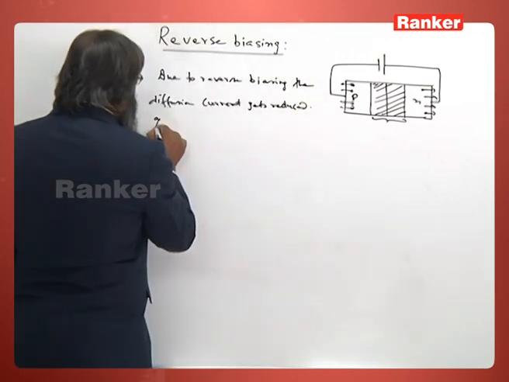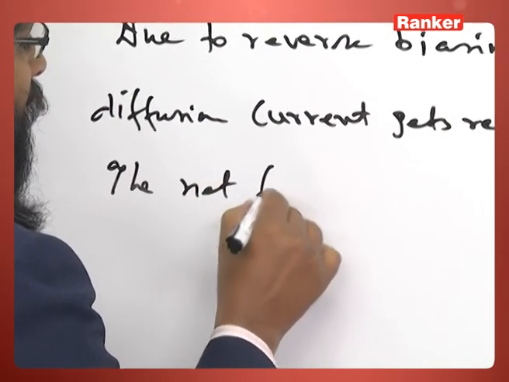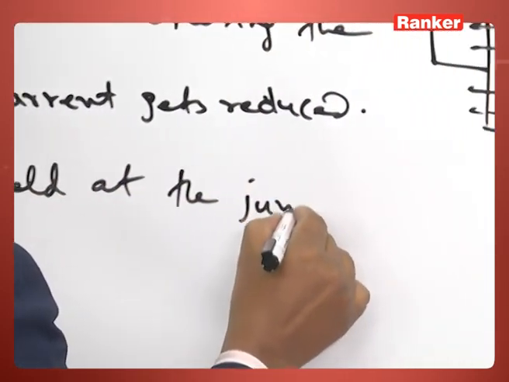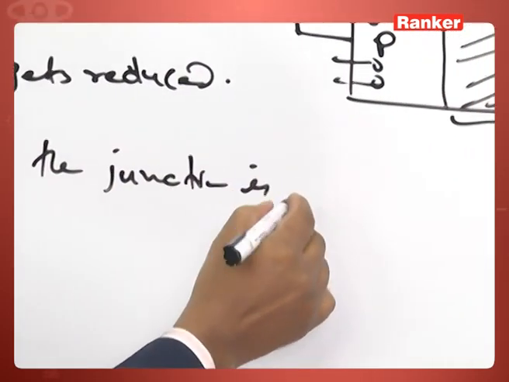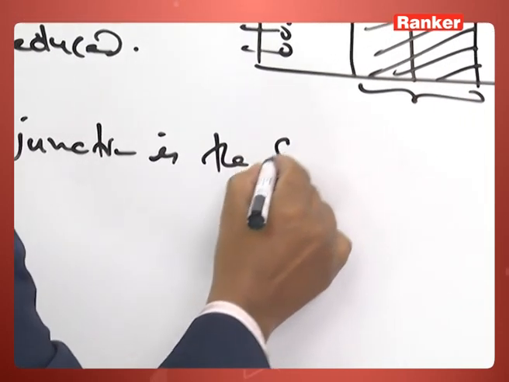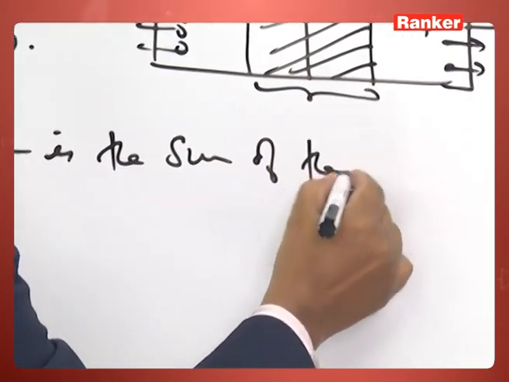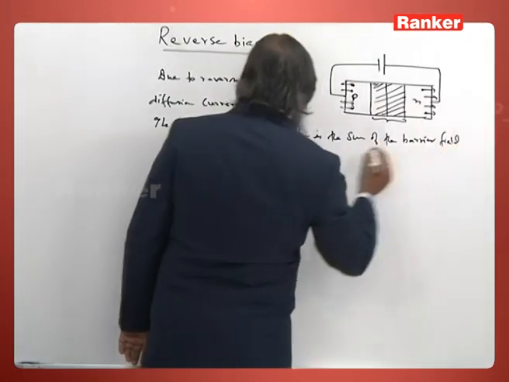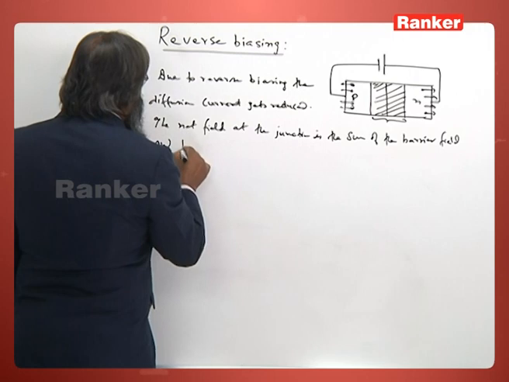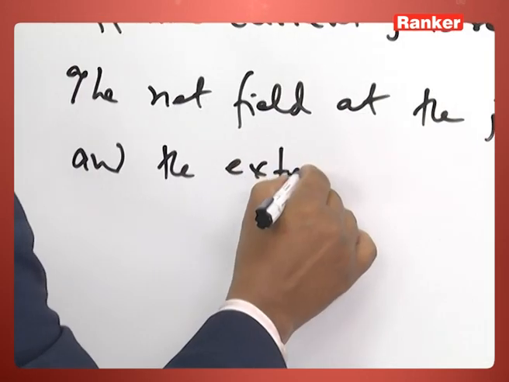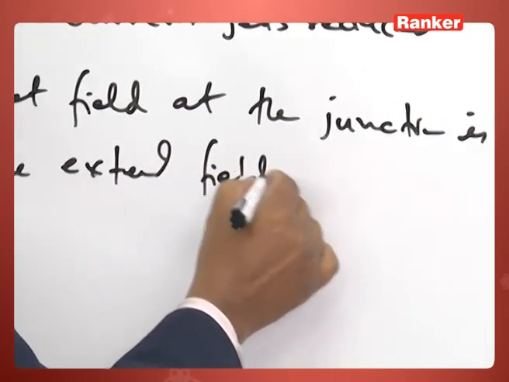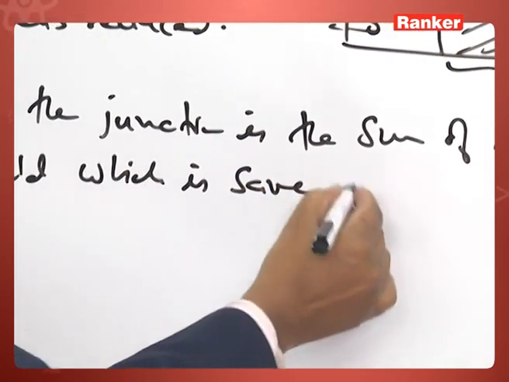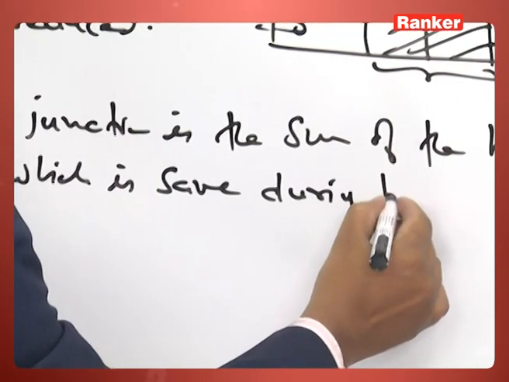Now the net field at the junction is the sum of the barrier field and the external field, which is the same during reverse bias.